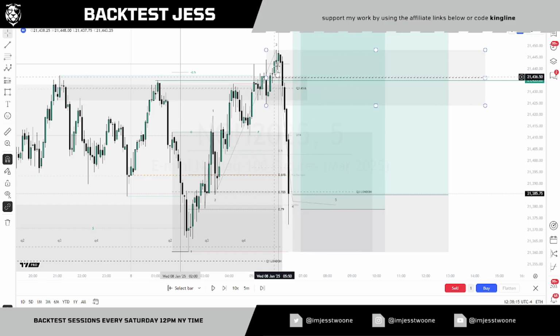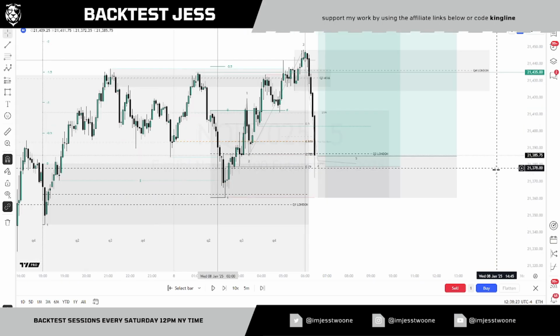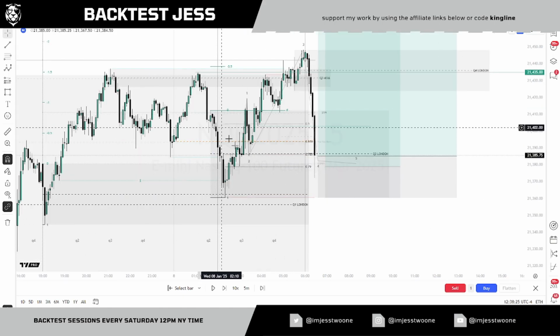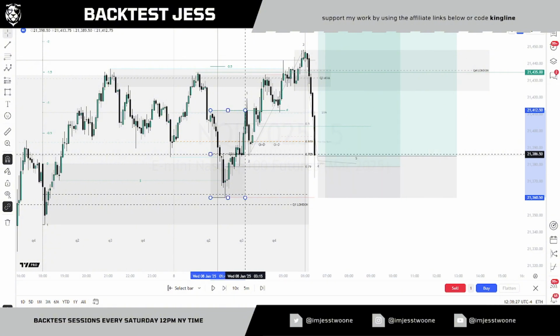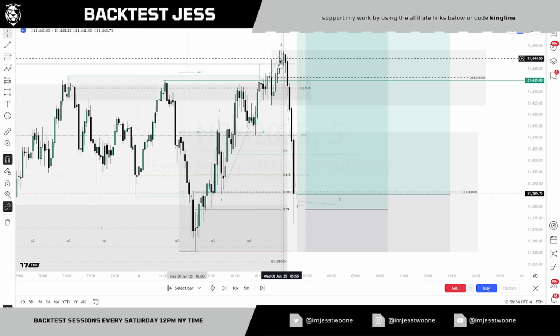This now becomes Q4 London. And we are still within this range here, Q3. So from Q3, we confirm a bullish change of state delivery. Then in Q4, we confirm a bearish change of state delivery.